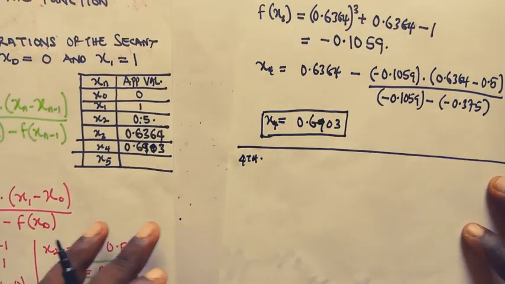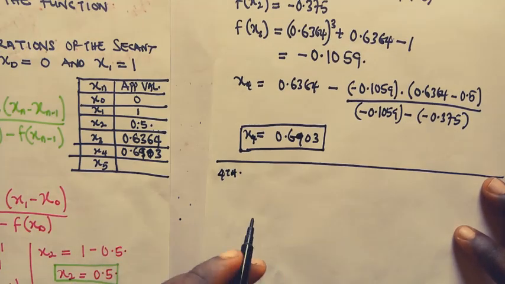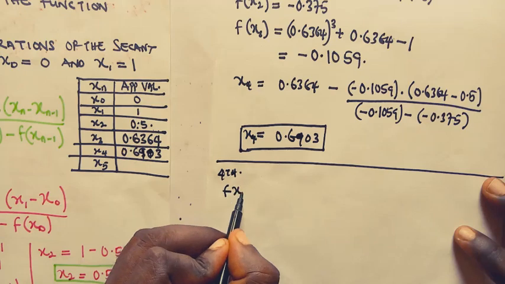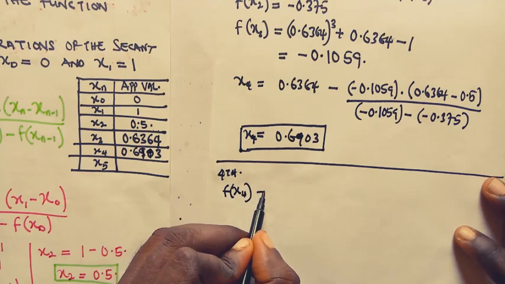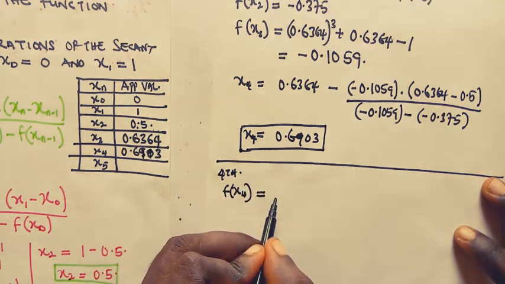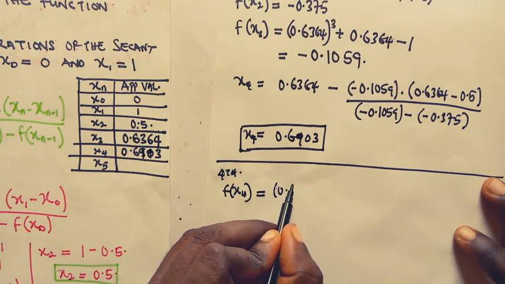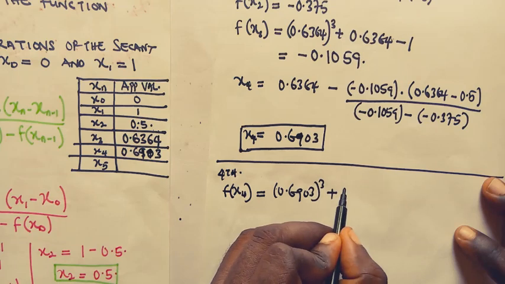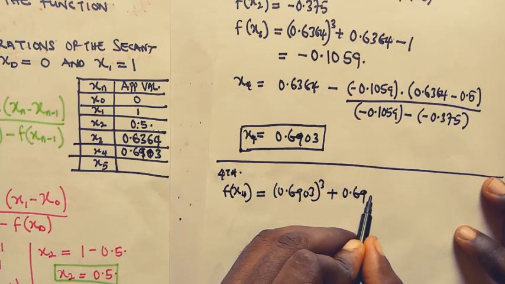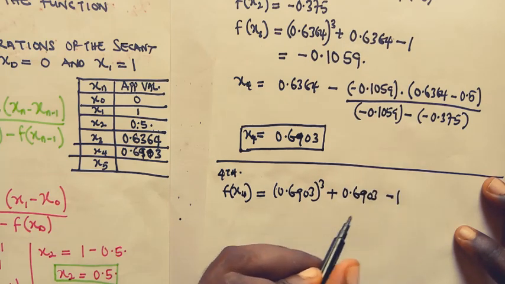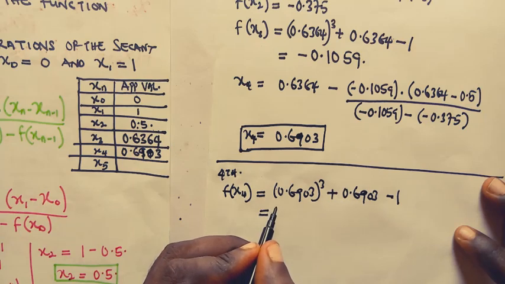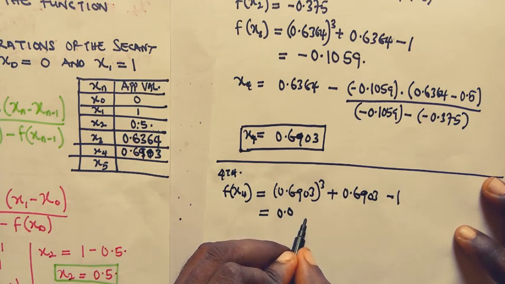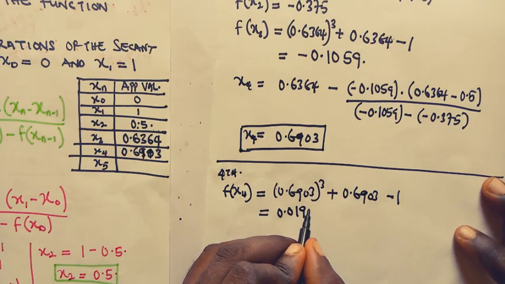iteration, where we will have the value f of x4 equal to 0.6903 cubed plus 0.6903 minus 1, and that will give us 0.0192.